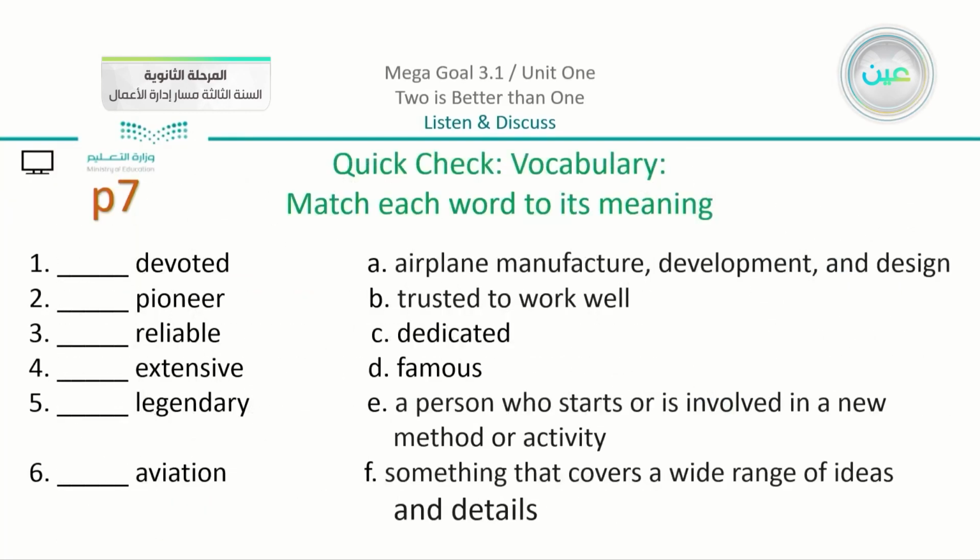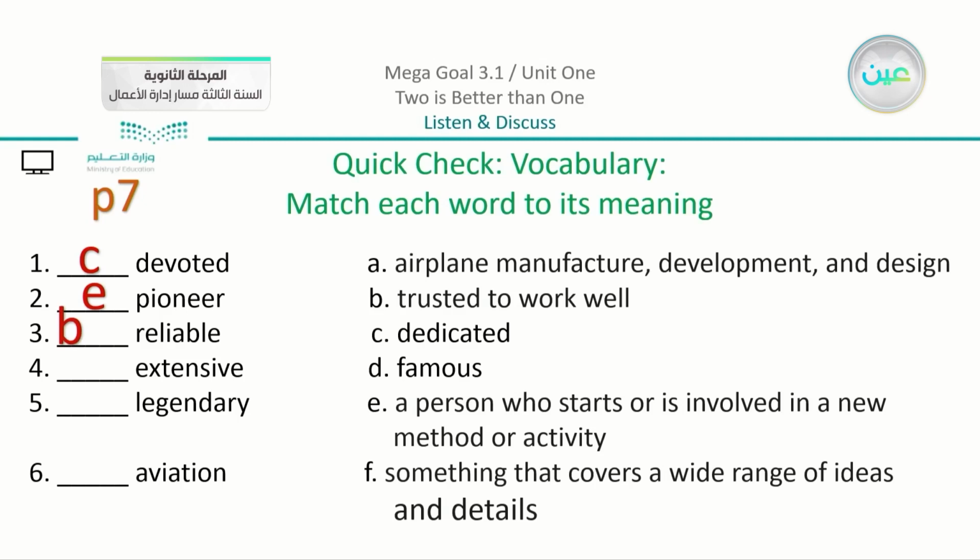And we have the words. So the first one, devoted. What did you guess? We have here the word devoted, which means C, dedicated. Pioneer, E, a person who starts or is involved in a new method or activity. Reliable, which means B, trusted to work well.